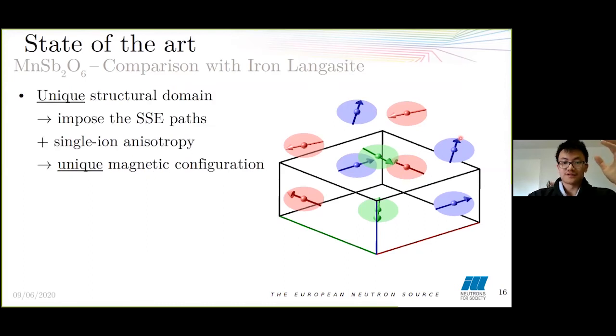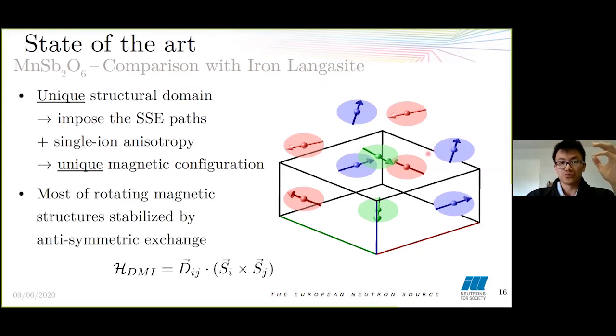And in this compound, it has been found that there was a unique structural domain which is imposing the superexchange path. And by describing single ion anisotropy, this selects a unique magnetic configuration. This is very interesting because in most rotating magnetic structures, you need an antisymmetric exchange to stabilize the magnetic structure, and this has been shown to be not predominant in this compound.